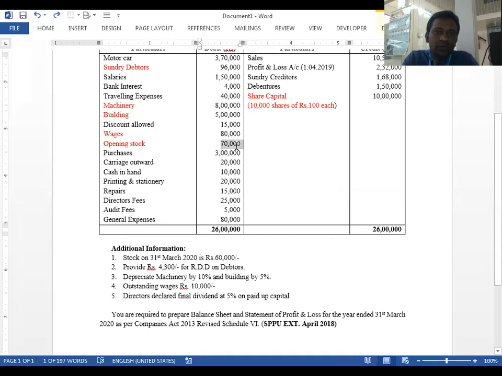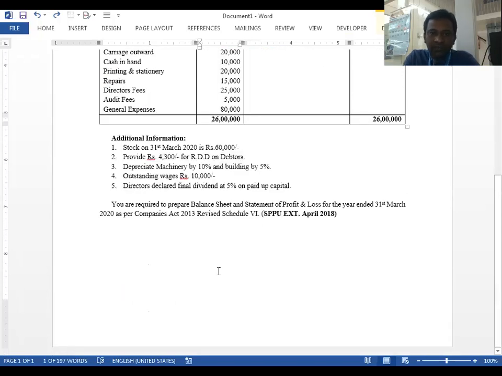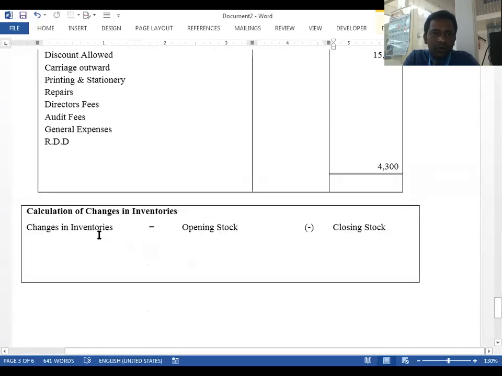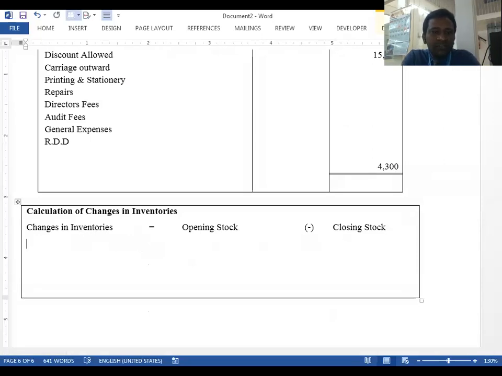Then next item, opening stock. A separate working note is prepared here, that is change in inventories, opening stock minus closing stock. What is the amount of closing stock? 60,000. Keep in mind. What is the formula of change in inventories?